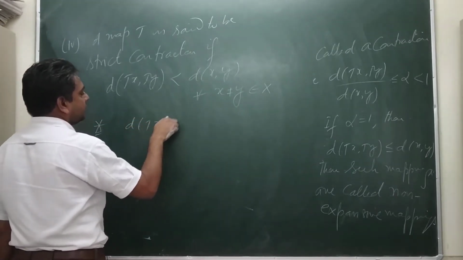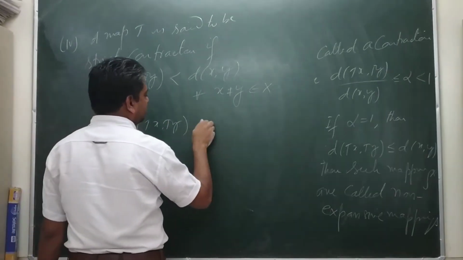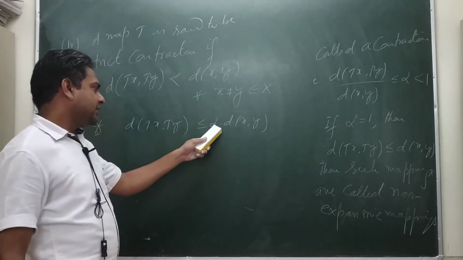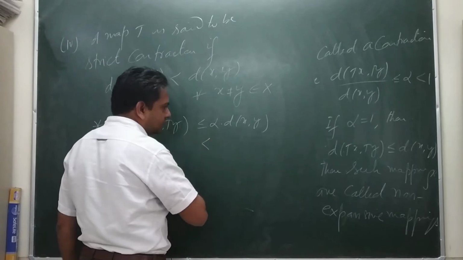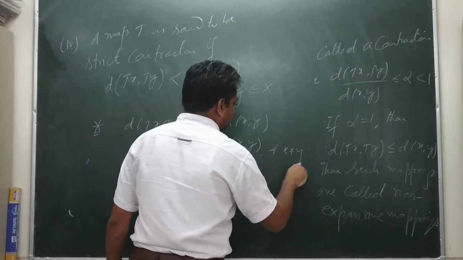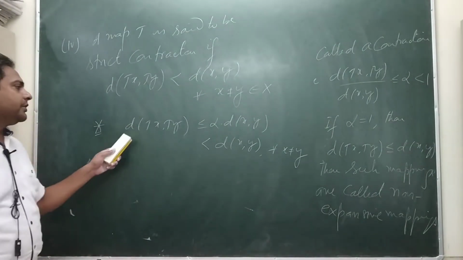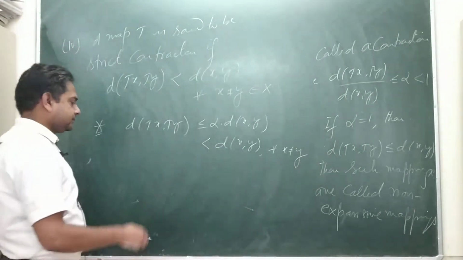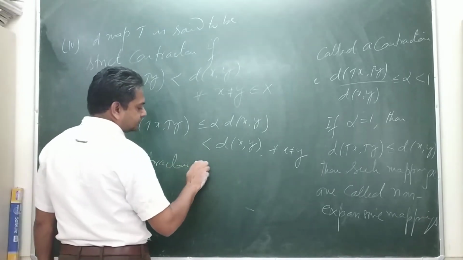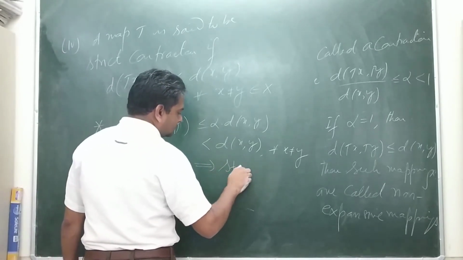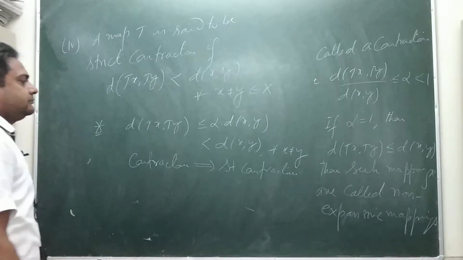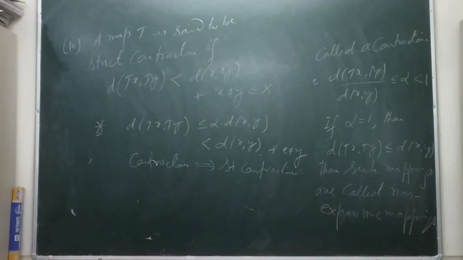Suppose this is my contraction map, and alpha is strictly less than 1. That's why this quantity is also strictly less than 1, of course for all distinct x, y. So that's why contraction implies strict contraction.